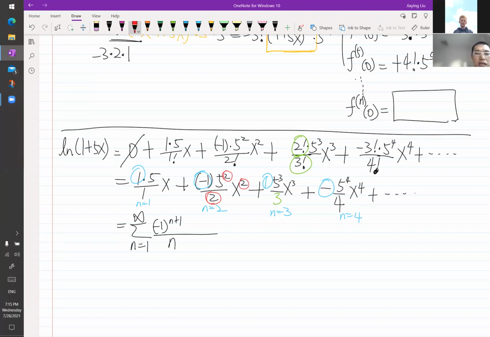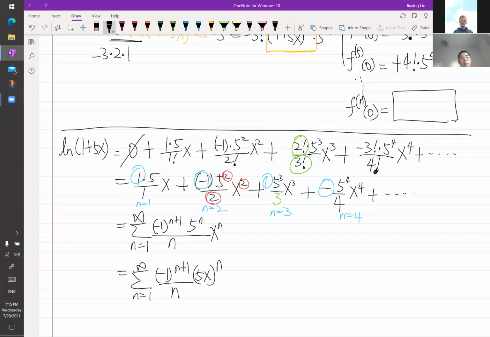So we know the denominator is just n, so that means the exponents will be n for 5 and x. So that will be 5 to the n, x to the n. You can write it as 5 times x together raised to the n. So in a condensed notation, there'll be n from 1 to infinity, negative 1 to the n plus 1, divided by n, and then 5x together raised to the n. That's one way.